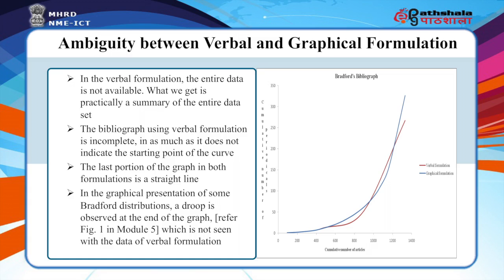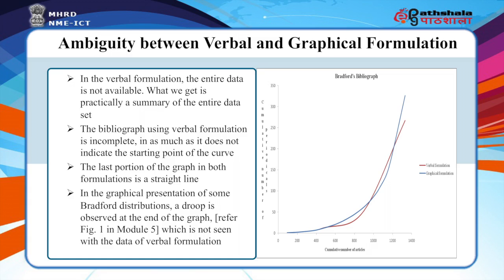Now let us see the graph with the entire data of table 1. Figure 3. Bradford's bibliograph with complete data. In this figure, y-axis stands for cumulative number of periodicals and x-axis stands for cumulative number of articles.